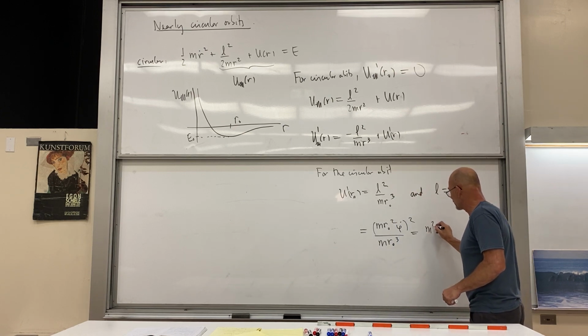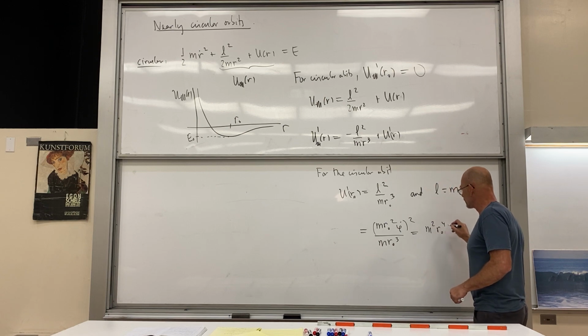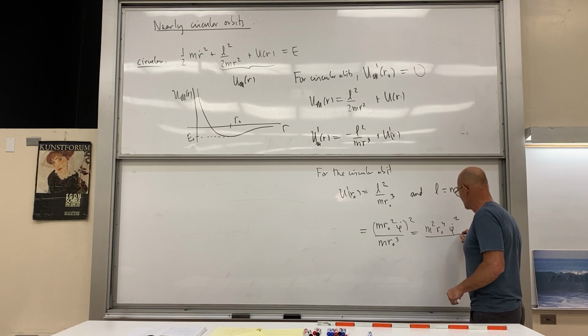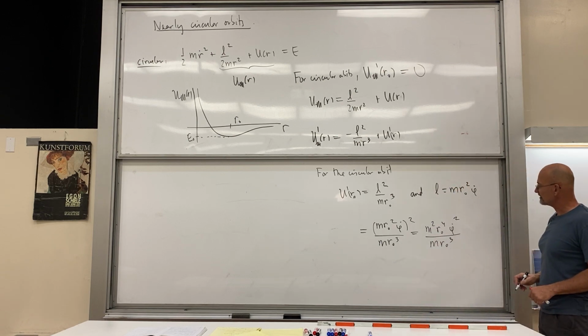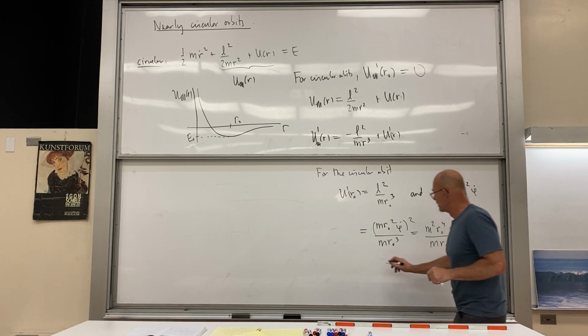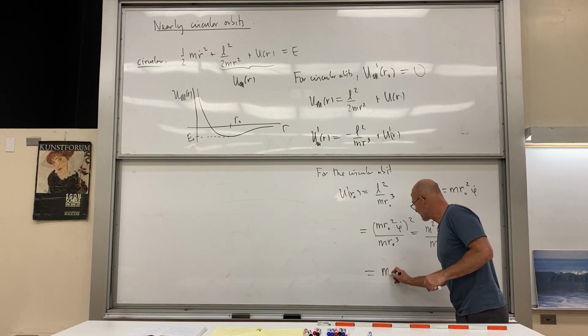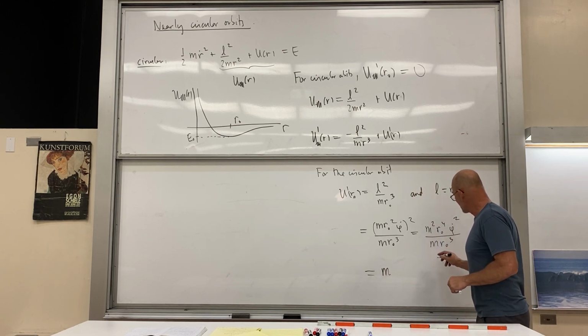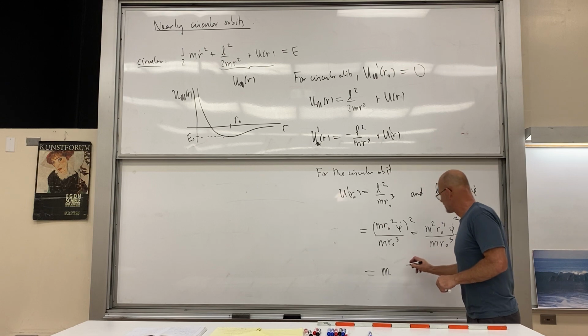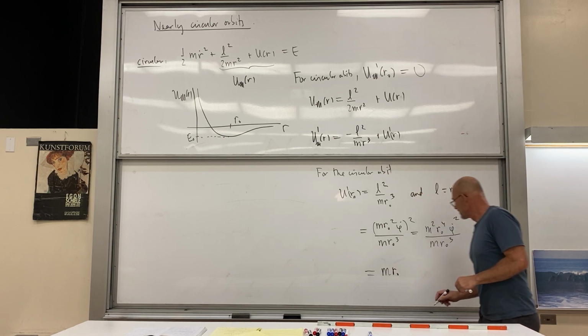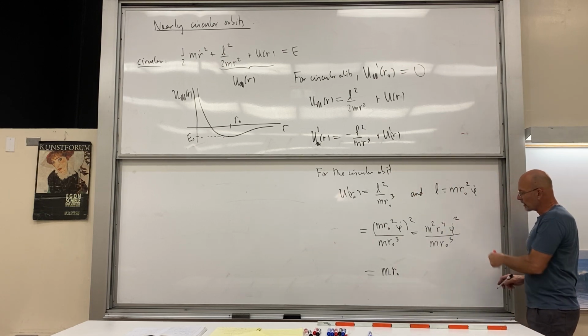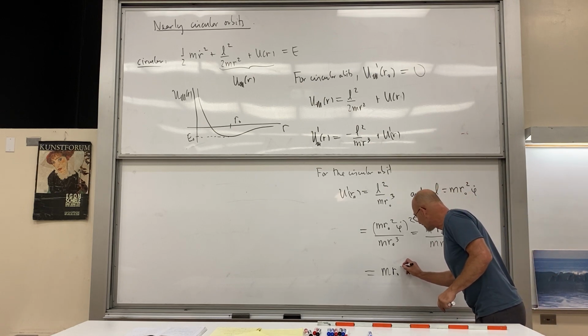We have m squared R naught to the fourth phi dot squared over m R naught cubed. Now here's the thing. This simplifies nicely. We end up with a mass to the first power, and we have phi dot squared. I'm going to refer to this as omega sub phi squared.